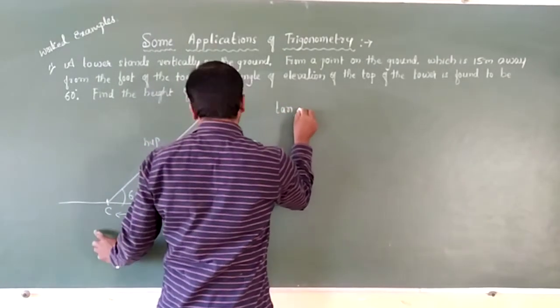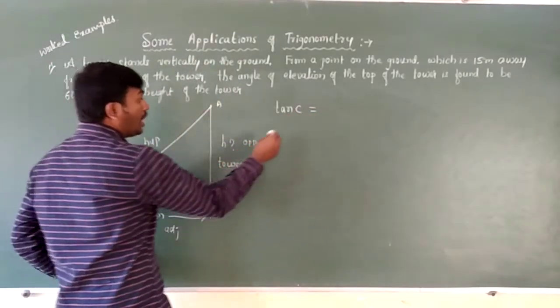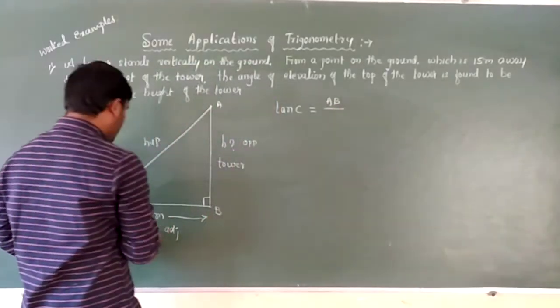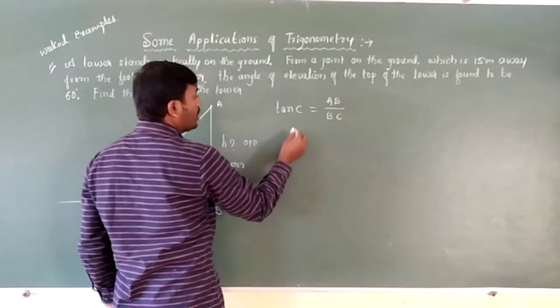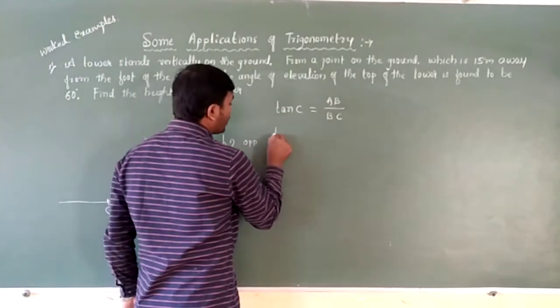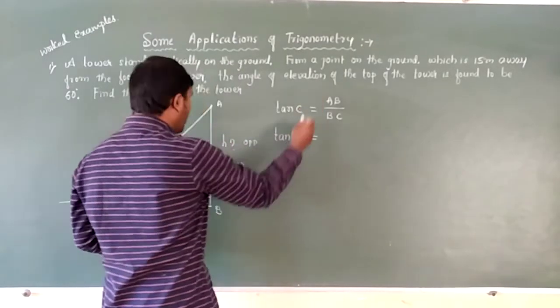So tan C is equal to opposite, AB, divided by adjacent, BC. So tan 60 degree is equal to AB divided by BC.